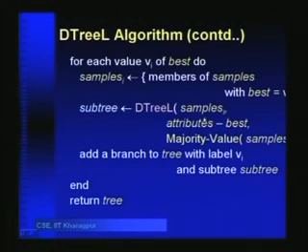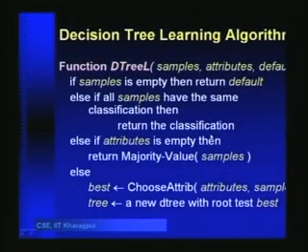The problem that you will have is, if you do not have any attributes left, right, then what you need to do is that you will just take sample size and take its majority and return, right. And the other scenario that can happen is that you run out of samples, right. Then we return this default. See, this is the third parameter. So if the sample set is empty, then we return that value.